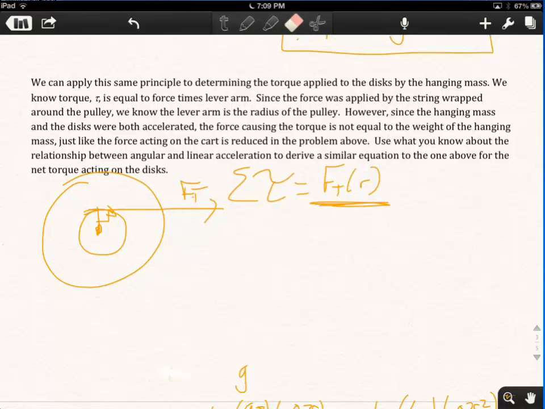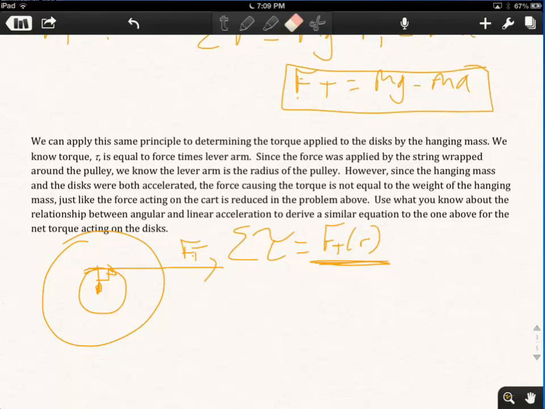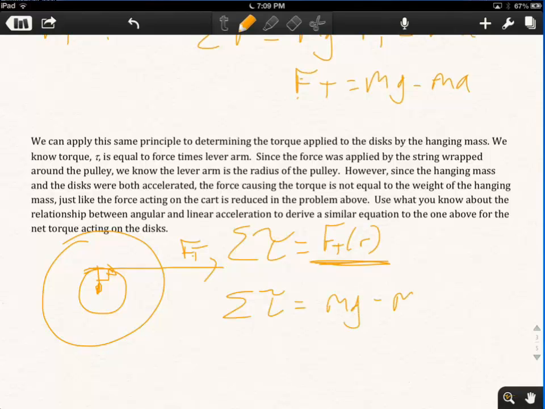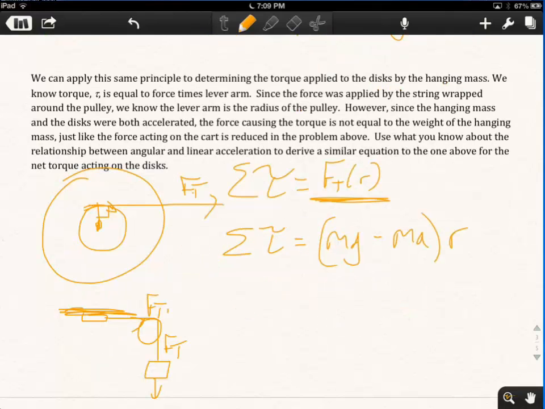We have this equation from up above, Ft equals mg minus ma, where this is the falling mass. If we use that equation here, that means the net torque acting on that pulley is given by mg minus ma times r. But I don't know a.